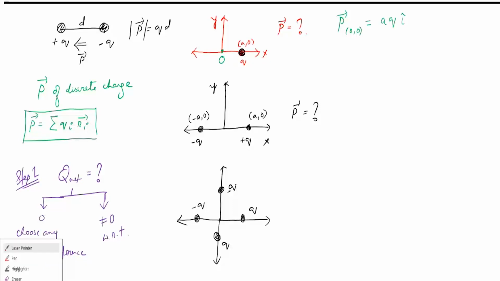Okay, what about the second question? Do I need to specify some frame of reference? No, sir. Now let us solve this one in two ways and confirm whether it is correct or not. First, I will take this origin as the frame of reference. Second, I will take this as the frame of reference. I'll call them case A and case B. Let's see whether the dipole moments are equal or not.